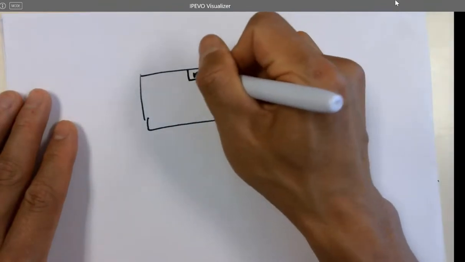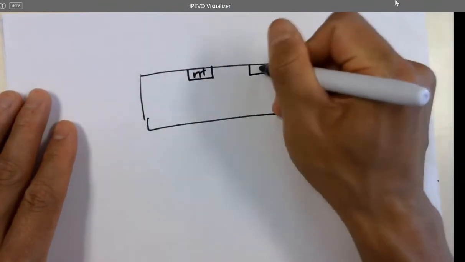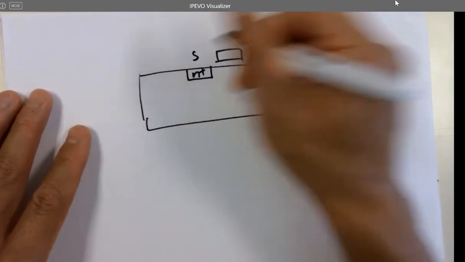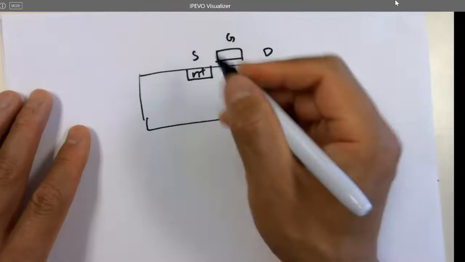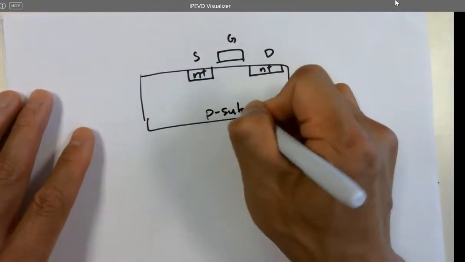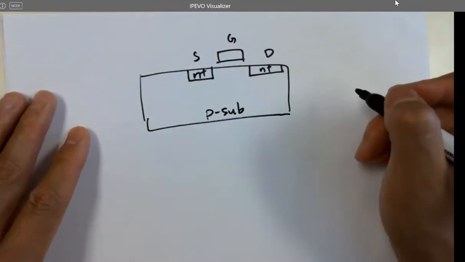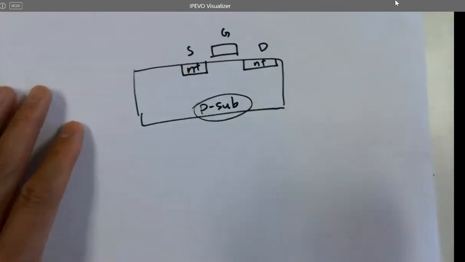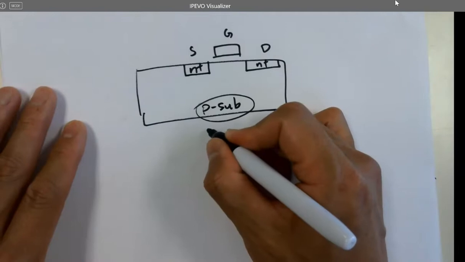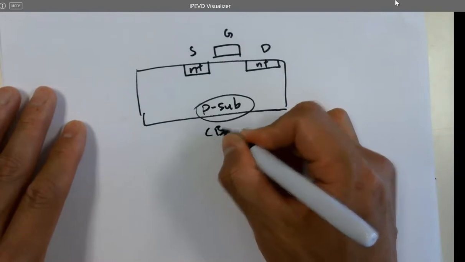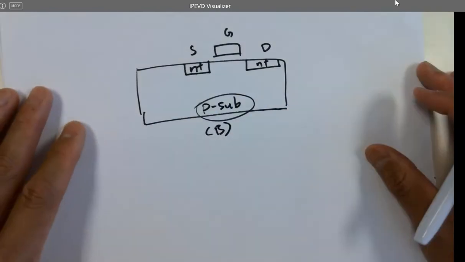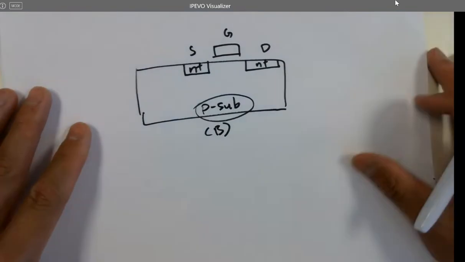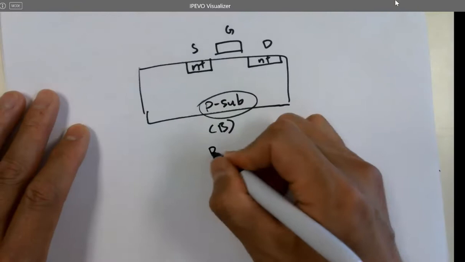Let's still take the NMOS transistor as an example here. Okay, that's the source, that's the drain, that's the gate, and here's a P sub. P sub a lot of times in simulation is labeled as B. Why? Body or bulk, bulk or body. All right.